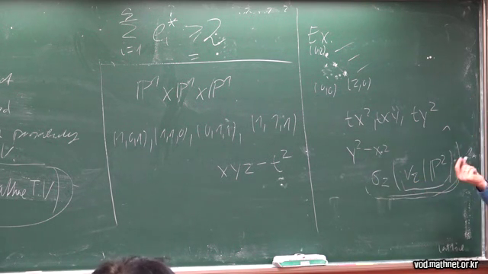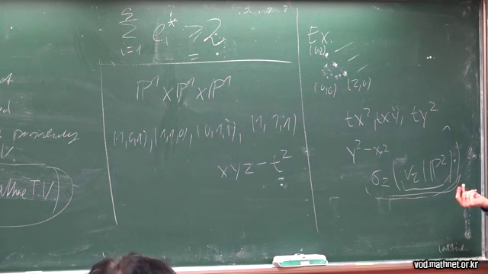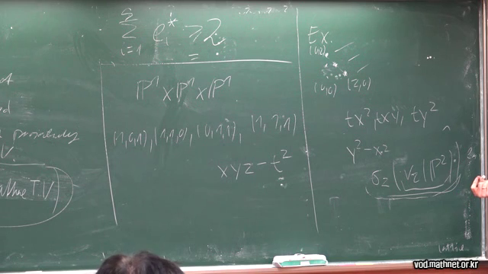So this is a sum of two rank 1 symmetric 3x3 matrices. So these are rank 2 symmetric 3x3 matrices. So what's the equation? It's the determinant. So it's really a hypersurface.